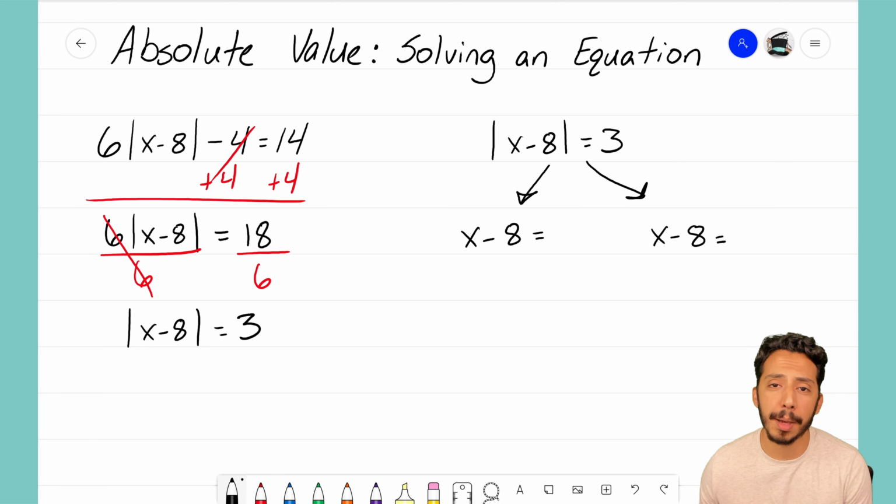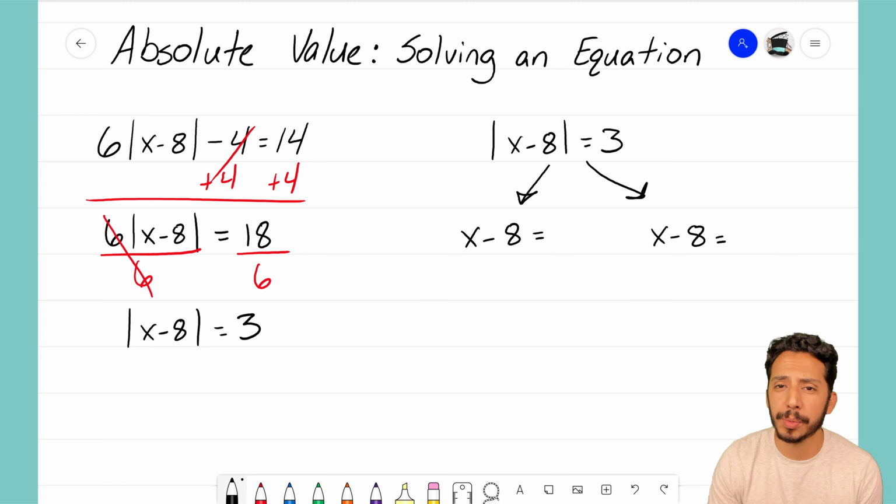This is the extra step when you're solving an equation with absolute value: one of them will be equal to that positive number, the positive 3. The other will be equal to a negative 3. And at this point, we can solve both equations for x.